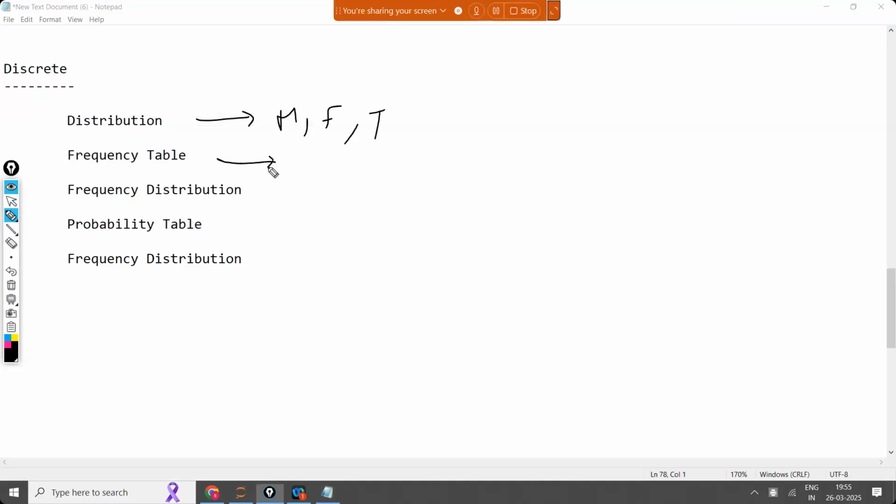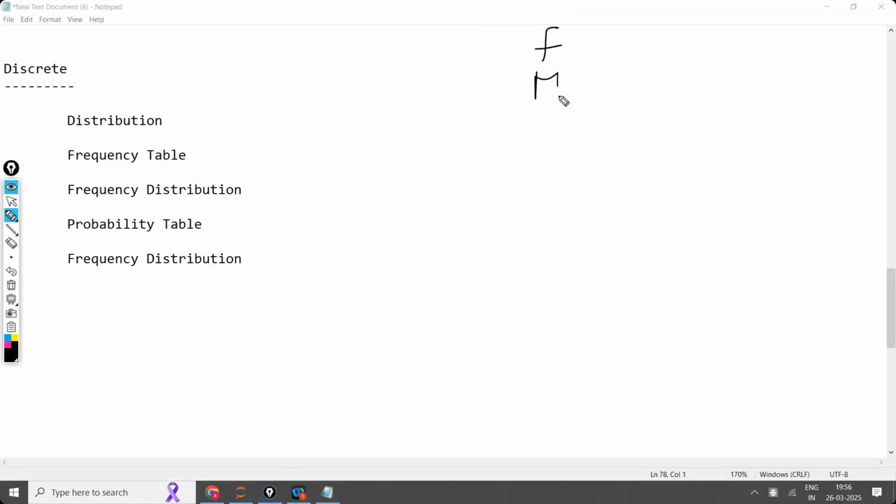Now, what is the second step? I told you, frequency table. As per the alphabetical order, first F, followed by M, followed by T. How many F's are there? 7. How many M's? 7. How many T's? 2.